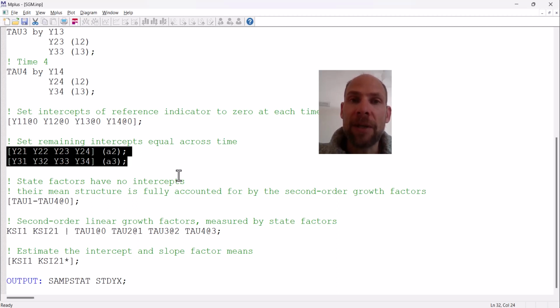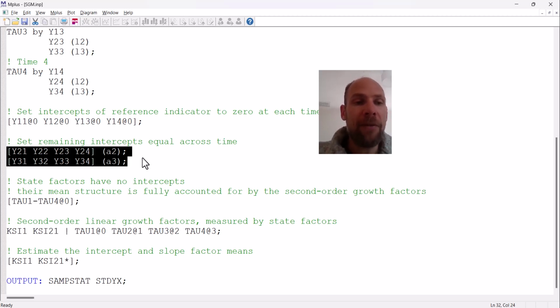That's important because only scalar invariance makes the mean structure interpretable. So the mean structure, meaning the mean structure of the growth factors, because that ensures that the factors not only have the same units of measurement, but also the same origin of measurement, so that mean differences across time are meaningfully interpretable as differences due to change over time, due to latent change, so to say.